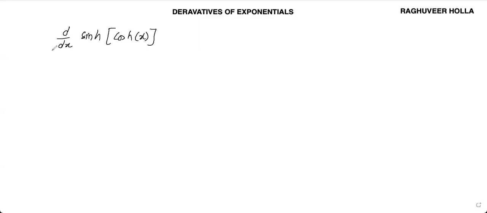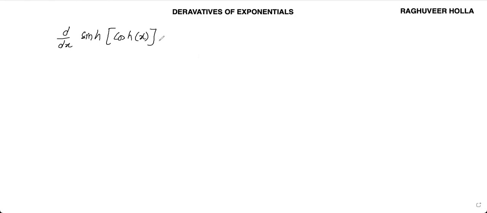So let us look at another problem. Now this is not a product of hyperbolic functions; rather, hyperbolic cosine is inside the argument of hyperbolic sine. So this is a chain rule problem, not a product rule.